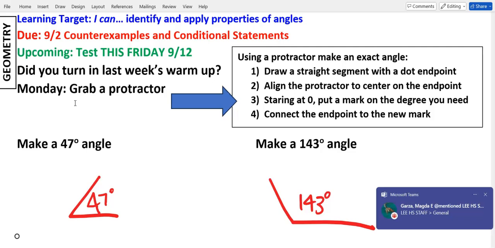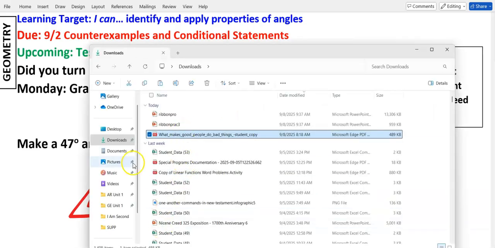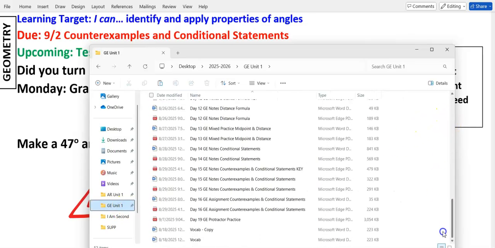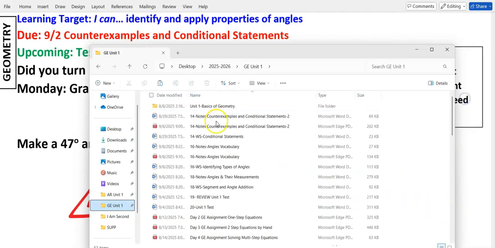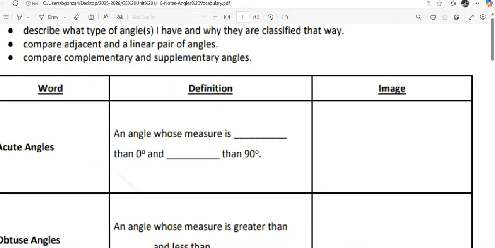Okay, here we go. She stole my protractor. Don't do that. Okay, here we go. Is everyone listening?